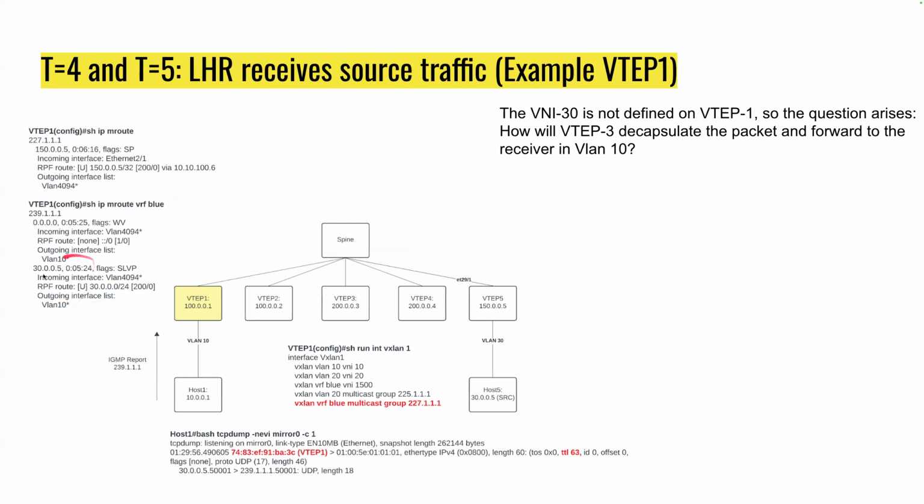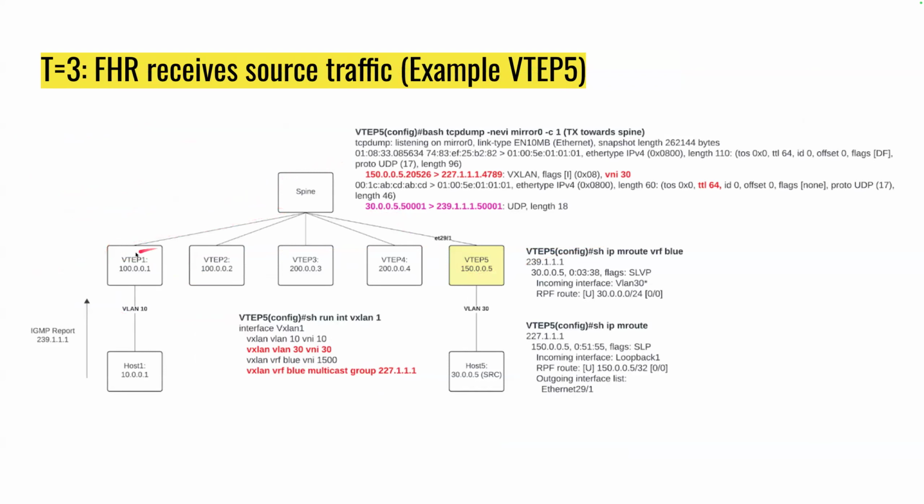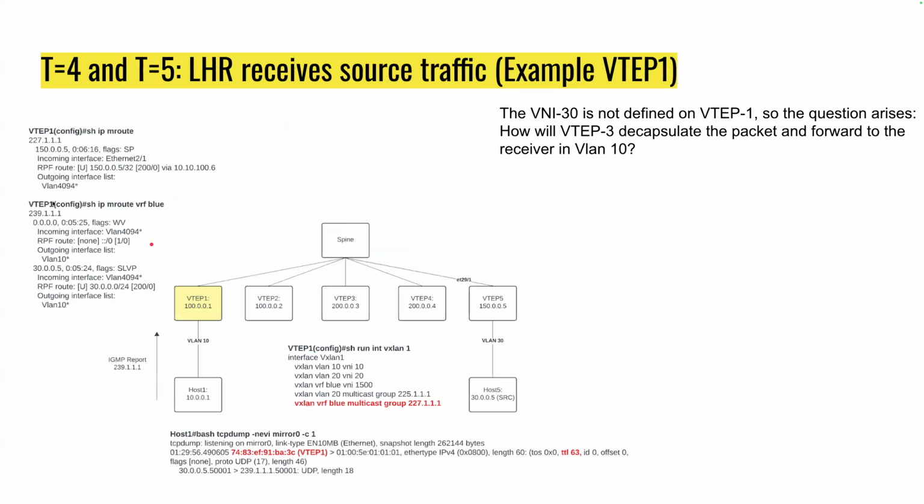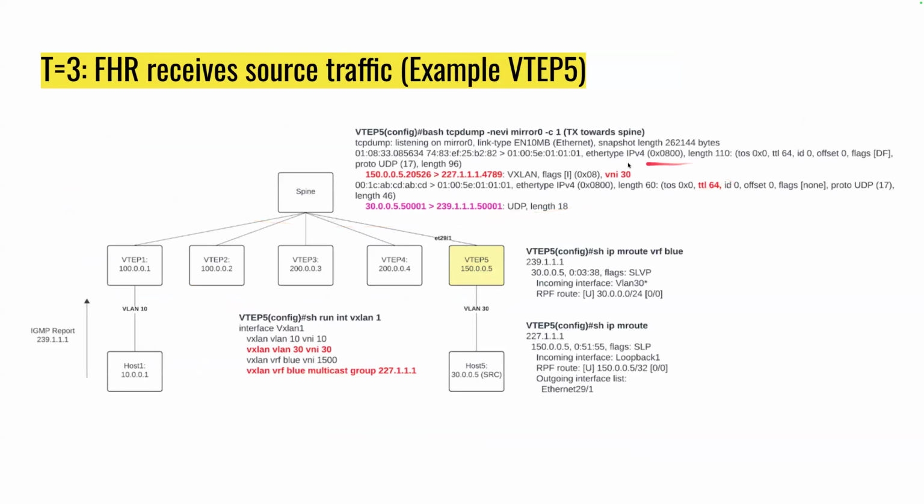But let's understand how this entry is created. So now let's say VTEP 1 is receiving this packet, which is routed across on the spine and is coming on to VTEP 1. And on VTEP 1, you have this S,G present, with IIF as 4094. But it is coming with VNI 30.